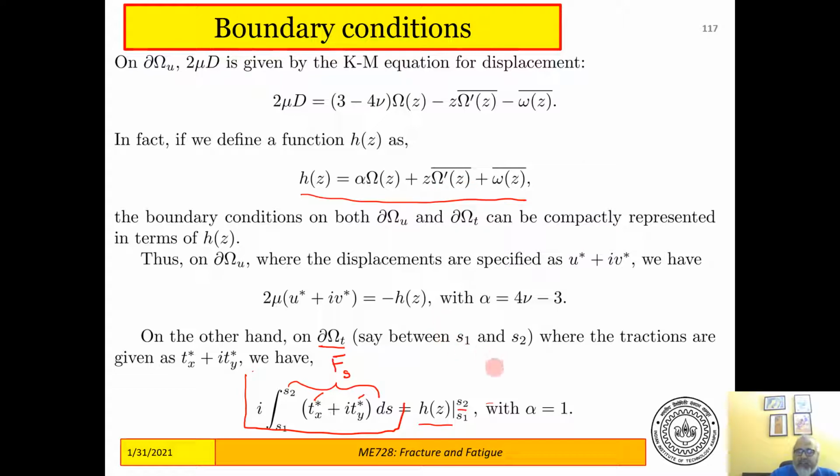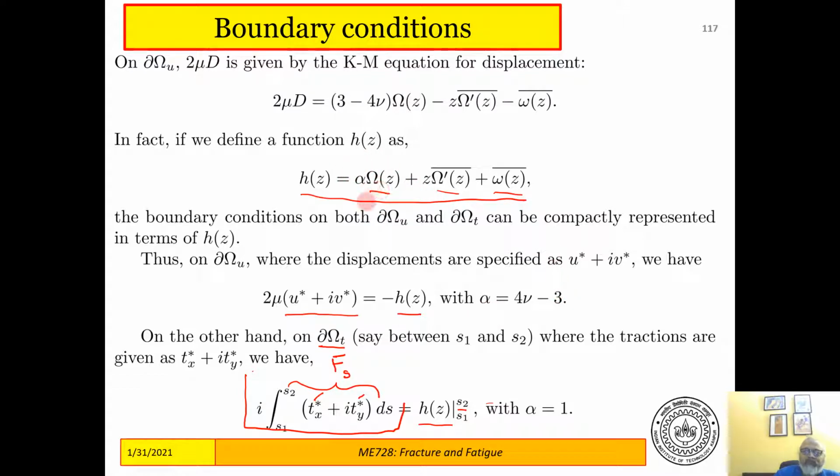So T x star and T y star are known functions, and from the connection between T x star and T y star and these potentials, we get a clue about what these potentials might be like. Similarly, if you have displacement boundary conditions specified, then 2 mu times the specified displacement is equal to minus hz with alpha equal to 4 nu minus 3. Hz is the same function.